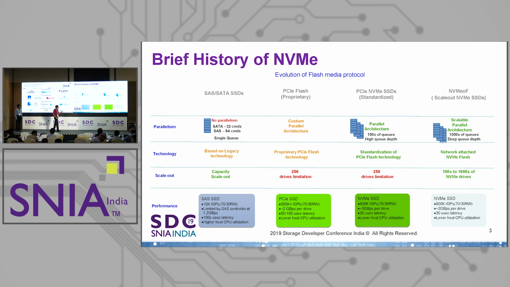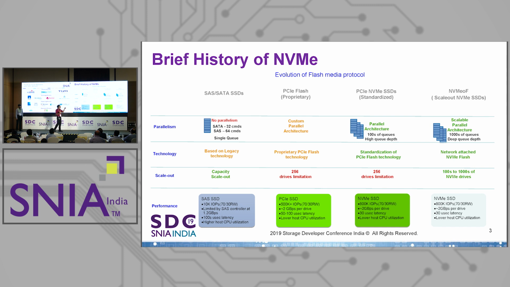Earlier, when PCI flash was established, it was not standardized. Each vendor developed its own drive and attached it, and claimed better performance than SAS SSDs. This created trouble, as there was no unique standardization of the devices. Every vendor made its own devices, and they were not compatible with all operating systems, because there was no standard as such.